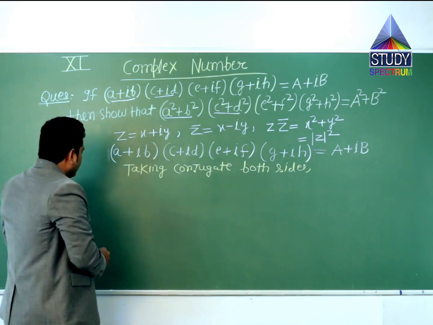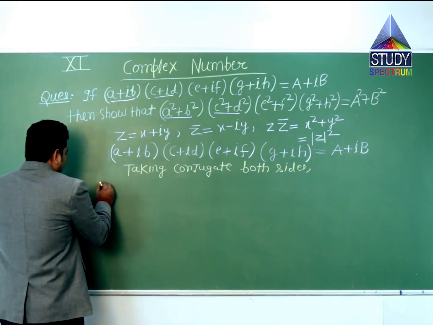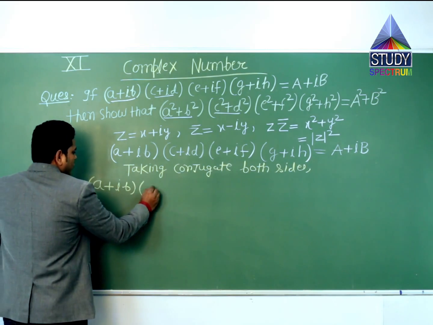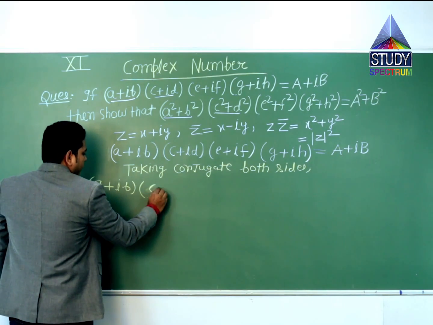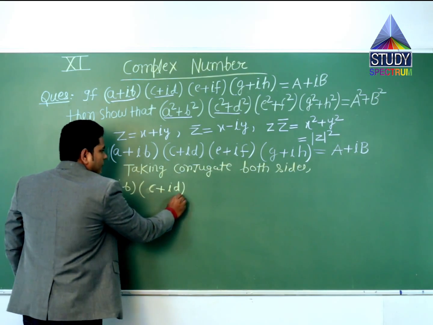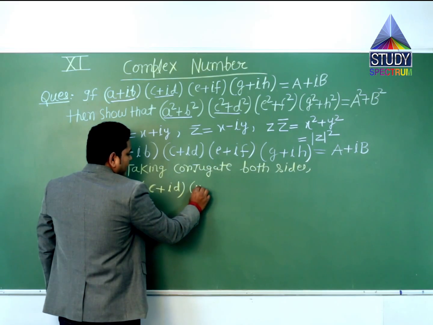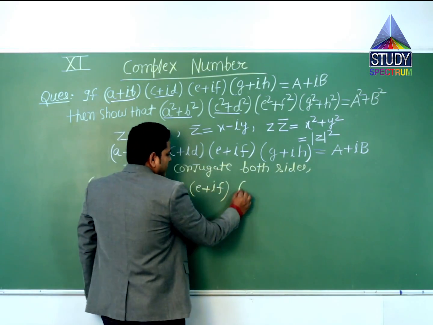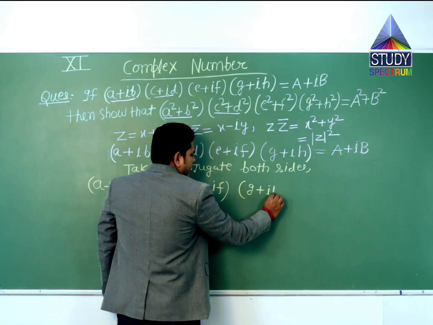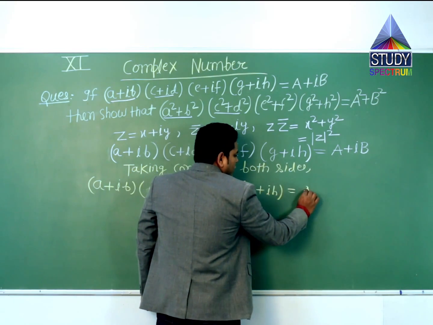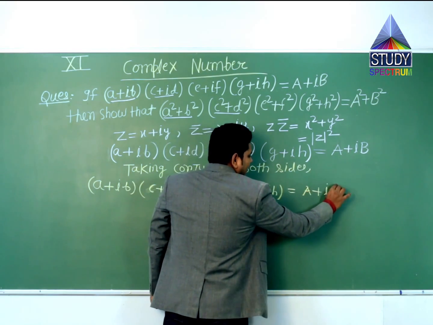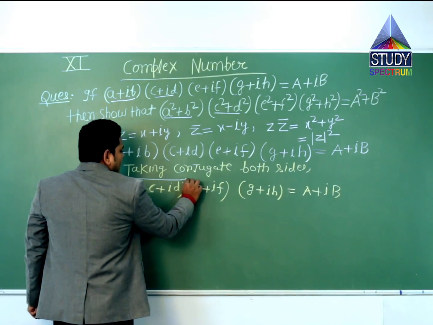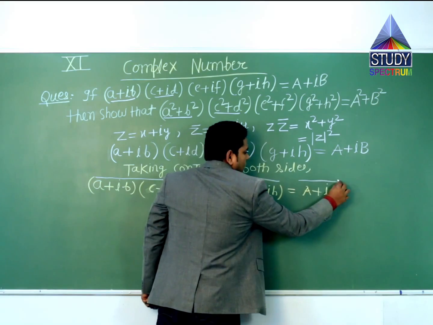So when you take conjugate, you are left with a plus ib into c plus id into e plus if into g plus ih, and right hand side you have capital A plus i capital B, all under bar. We are taking conjugate, it means we are taking bar. Okay, got it?